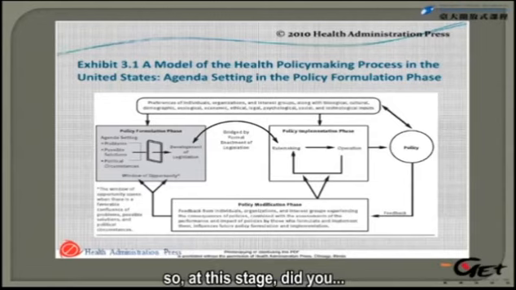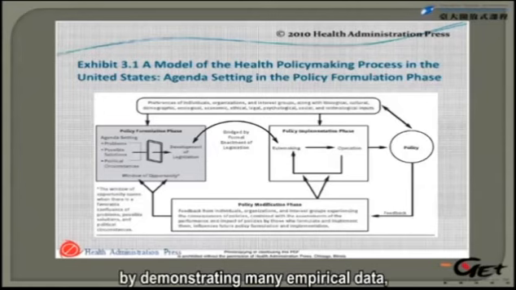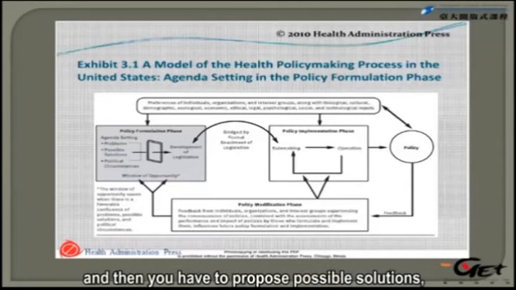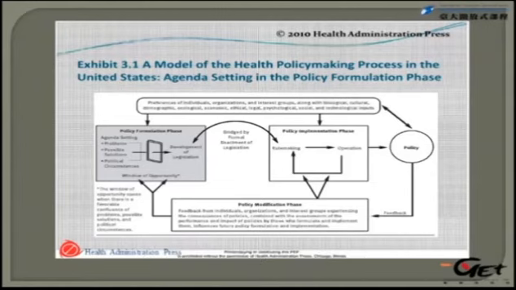So at this stage, the agenda setting, you have to identify the problem and make the problem very clear by demonstrating much empirical data. And then you have to propose possible solutions, strategies, and then you have to understand political conditions.